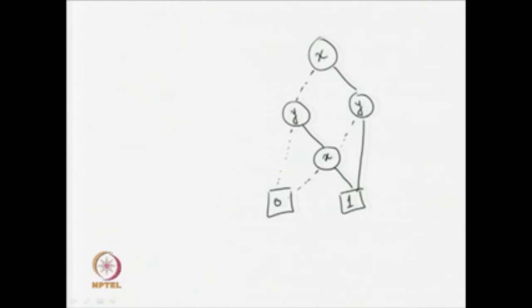So, I can draw this particular BDD. As per our definition of BDD, it is a correct BDD. I have 4 non-terminal nodes, every non-terminal node has 2 outgoing edges, I have 2 terminal nodes, and the non-terminal nodes are labeled with the variables x, y and x. It is a function of 2 variables x and y.